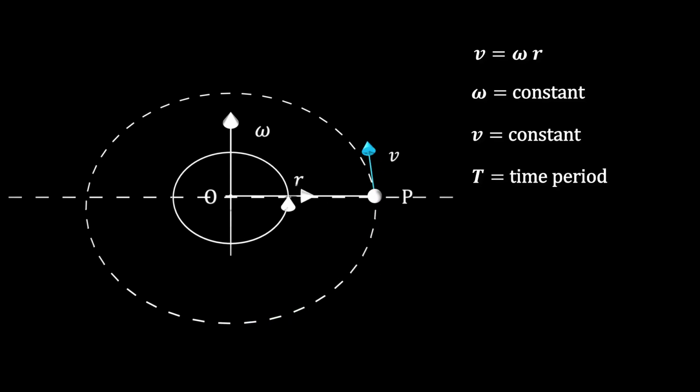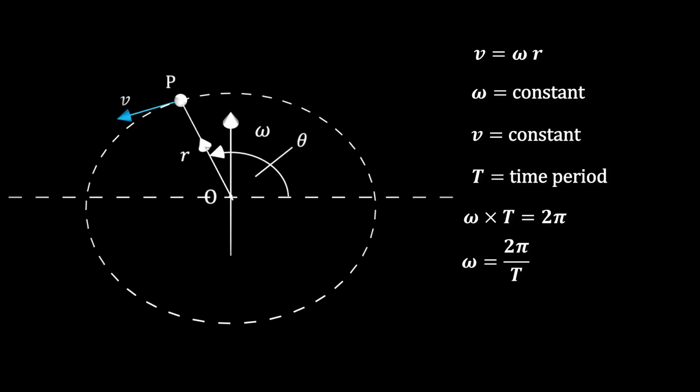Over one time period capital T, the radius vector OP sweeps through an angle of 2 pi at constant angular speed omega. Therefore, we can write omega times capital T equals 2 pi, which we can rearrange as omega equals 2 pi over capital T.